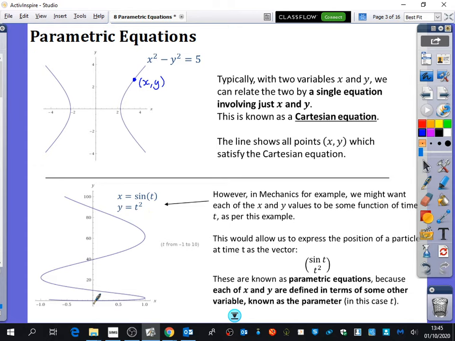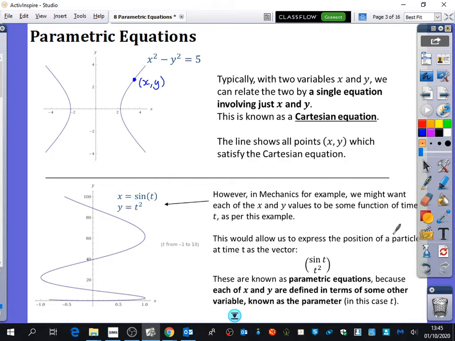So at the beginning of the journey, it may be down here, and the x-coordinate is just going to be going back and forth with time, because it's a sine graph, and the y-coordinate, as I'm moving, is going up quicker and quicker, because it's t squared, and we know that t squared will get quicker and quicker.